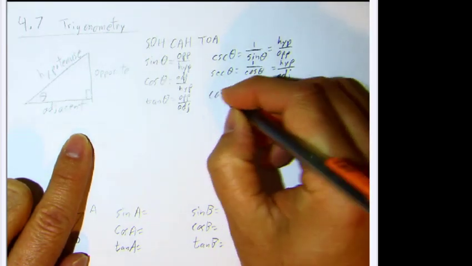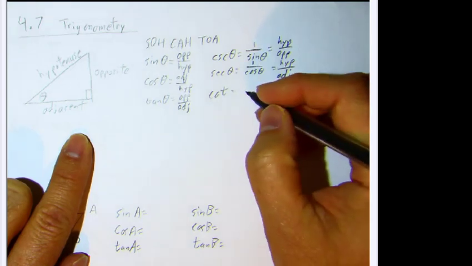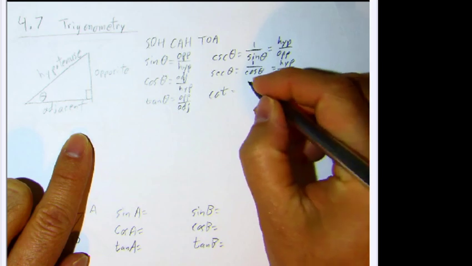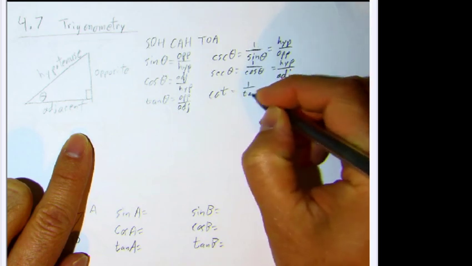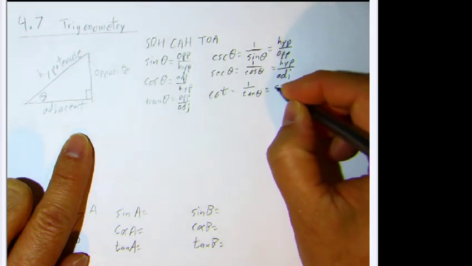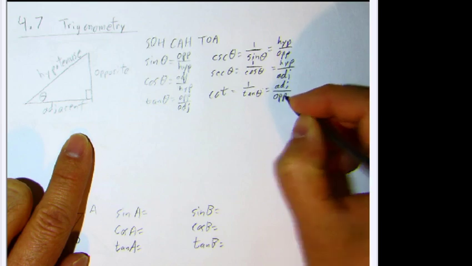And then there's cotangent, which you could write either of a couple of ways. The first would be 1 over tangent, or adjacent over opposite.